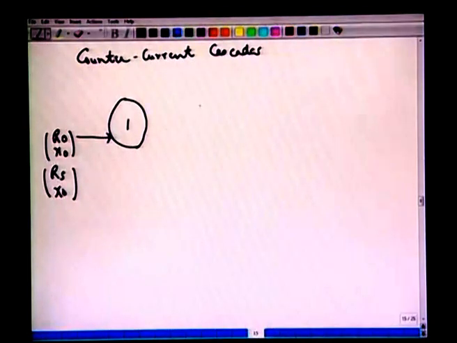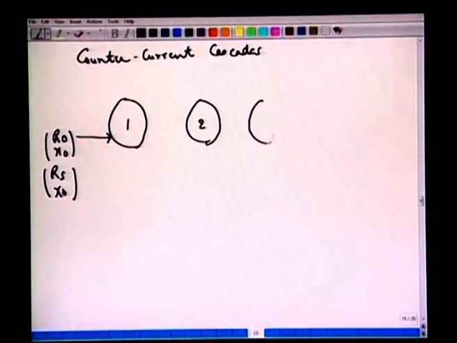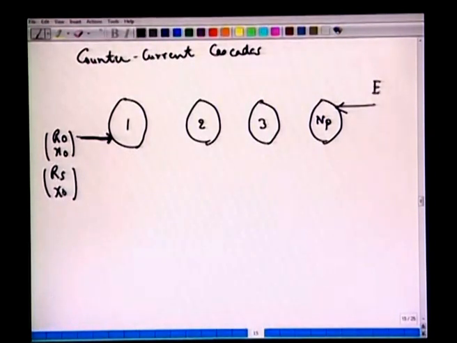And we have stages like 2, or stages like 3, or stages say arbitrarily NP. Only difference is this entering stream R0, and now we have the entering stream from the other side. So, this is a fresh solvent or fresh E phase, extract phase, we are bringing in the opposite direction counter currently.